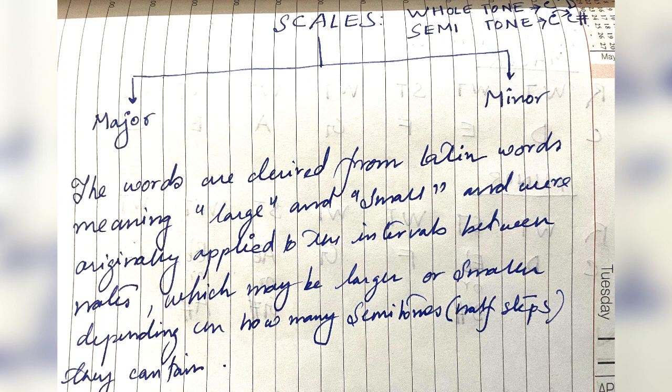That means the major has intervals larger than the minor. You will not understand this now. When you derive the scales using the formula, you will know that the intervals in the major are larger.